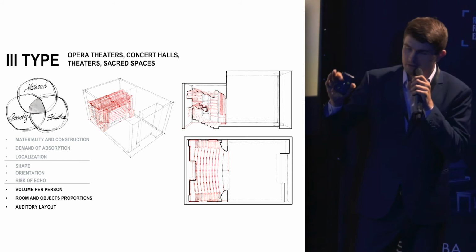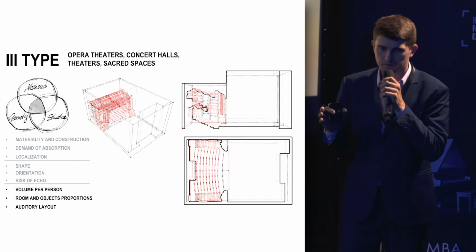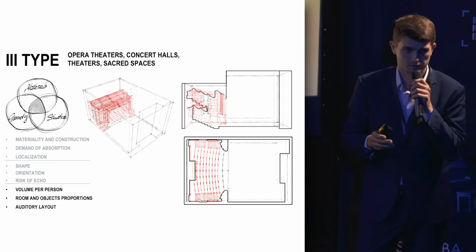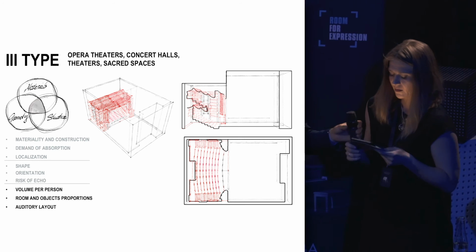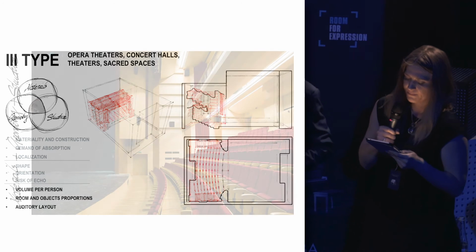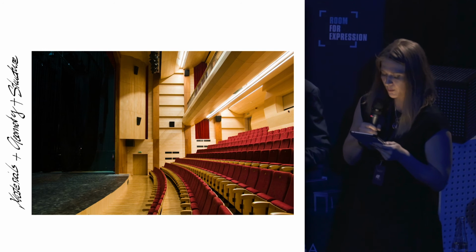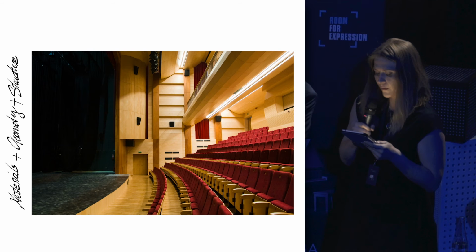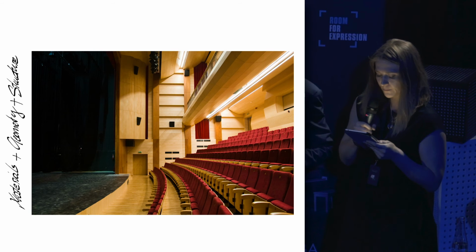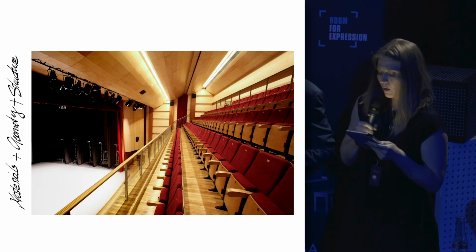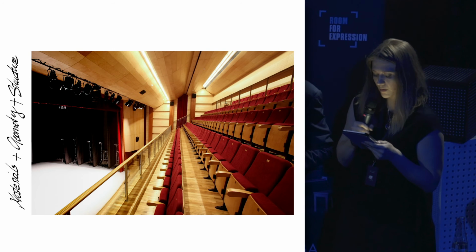And the last one, most tricky: room and object proportions. For acoustic needs, it's extremely important to ensure correct room proportions, the ratio of the room height, width, and length. Other elements like balconies, galleries, stages also make a direct influence on the room acoustics.